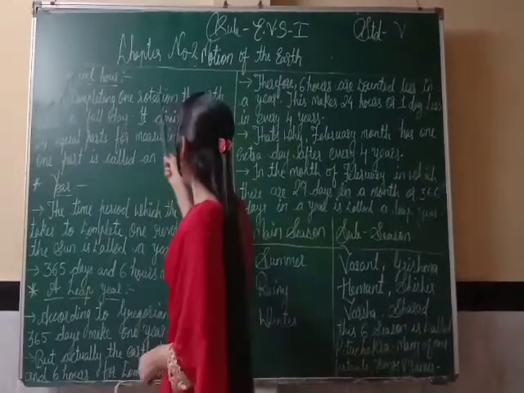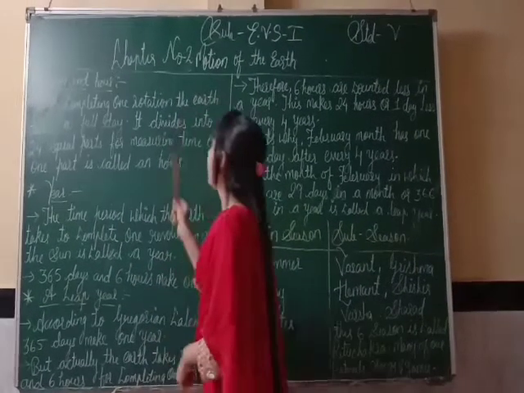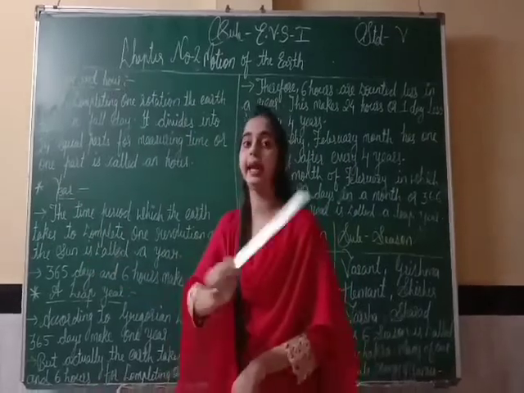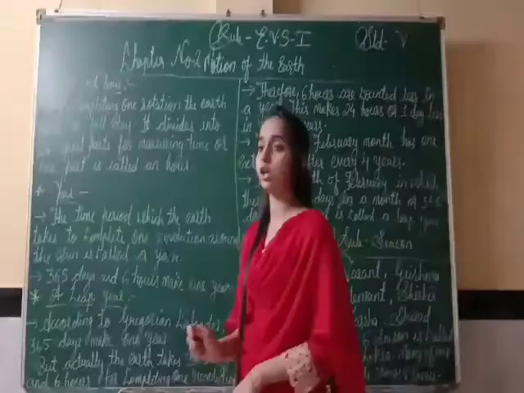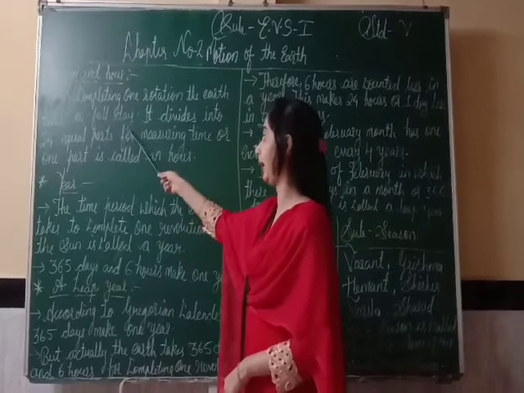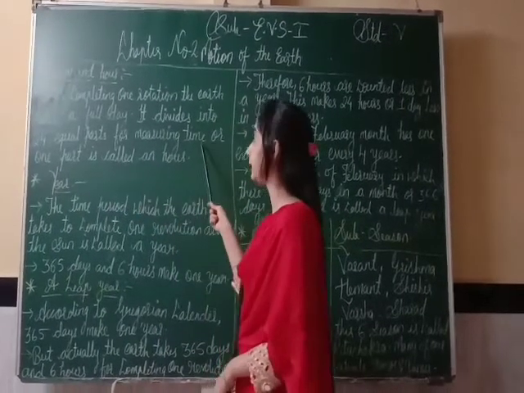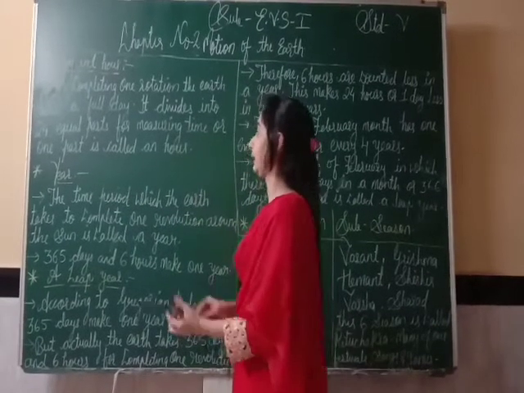For completing one rotation, the earth takes a full day. It means a single rotation of the earth is complete in a full day. It is divided into 24 equal parts for measuring the time.